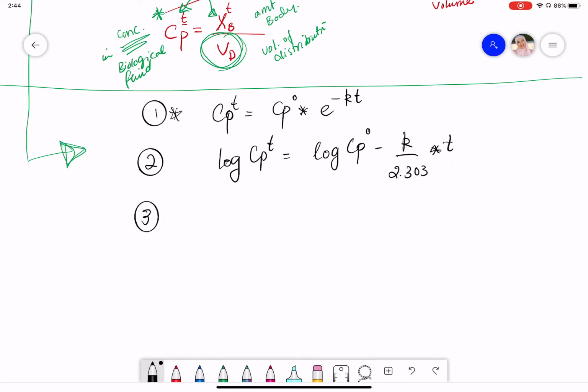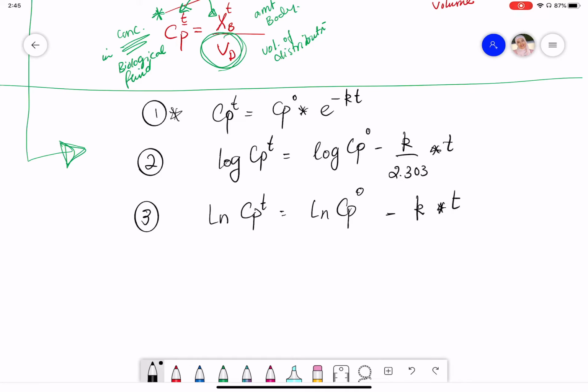And the third one is the ln transformed, this is initial, sorry for that, minus k multiplied by the time.